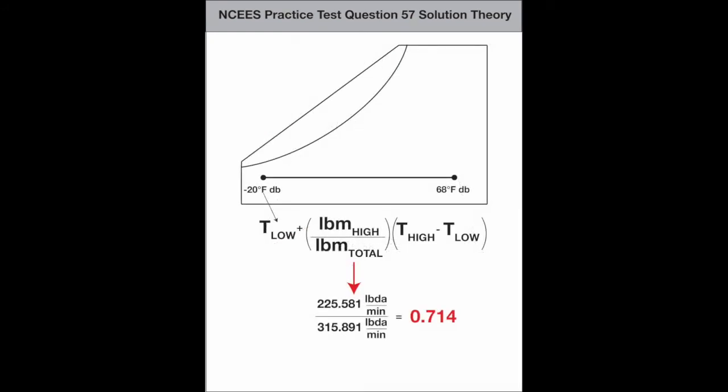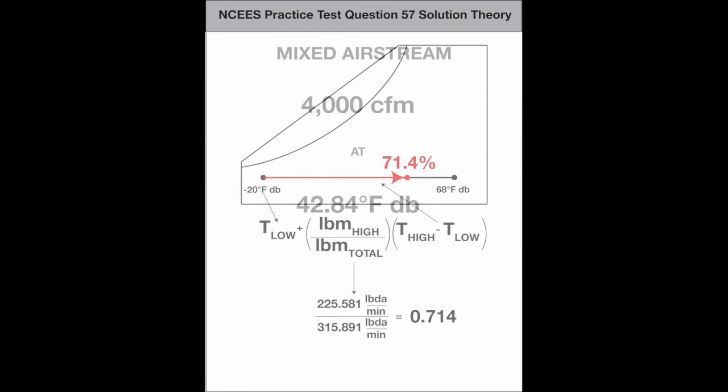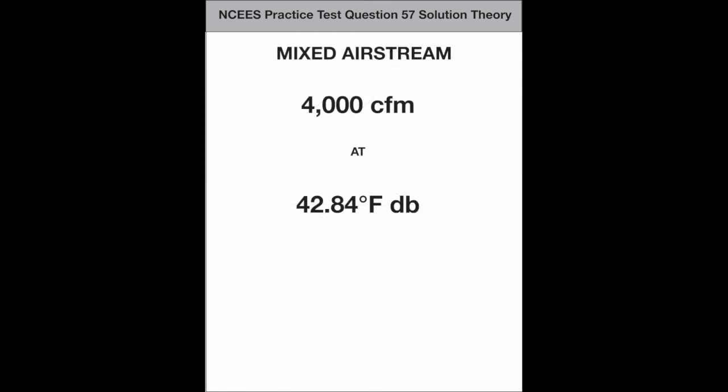The mass ratio of the 68-degree airstream is 0.714 of this line. So the mixed air temperature will be 71.4% up this line here. The mixed airstream is now 4,000 CFM at 42.84 degrees.